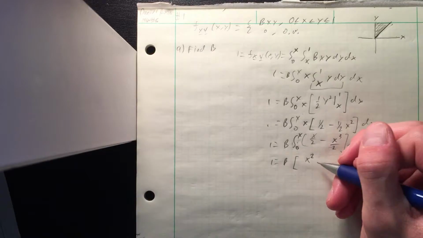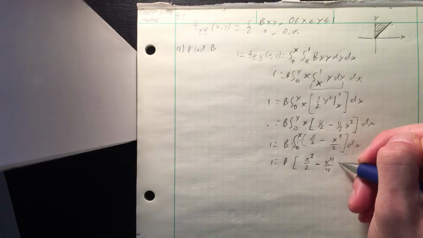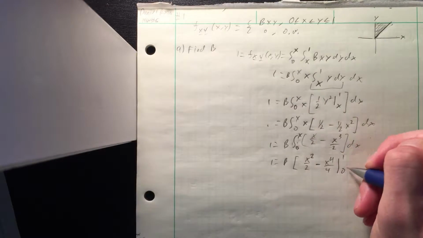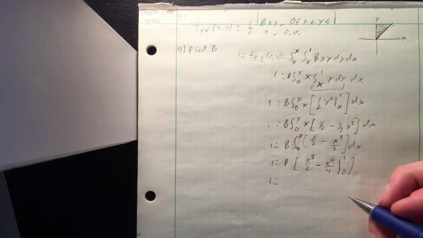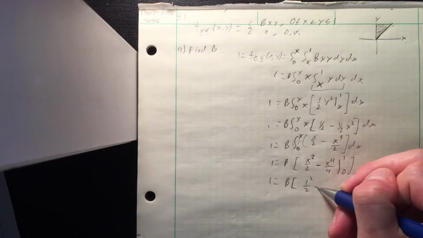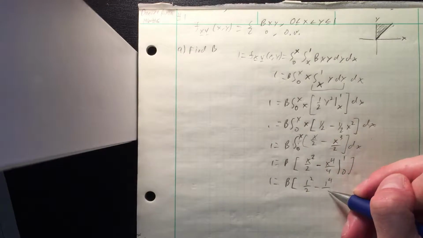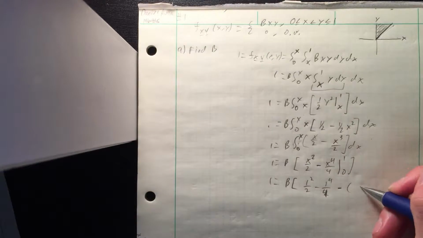It's going to leave you with x squared over 2 minus x cubed over 4, between 1 and 0. 1 is equal to b times 1 squared over 2 minus 1 over 4, minus 0.